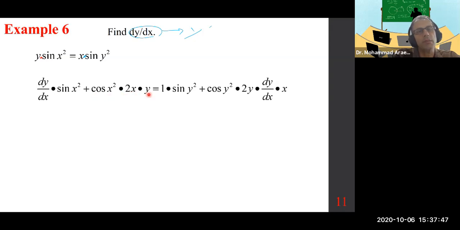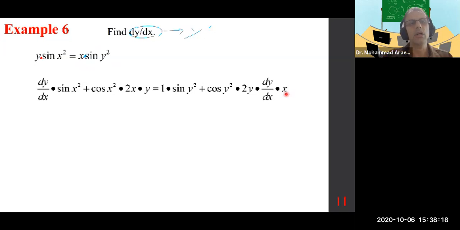Right side, x gives you 1 times sine y squared. Sine gives you cosine, so cosine y squared. Y squared, 2y, y prime or dy dx, and then by the product rule times the first piece, which is x. You're done with calculus.